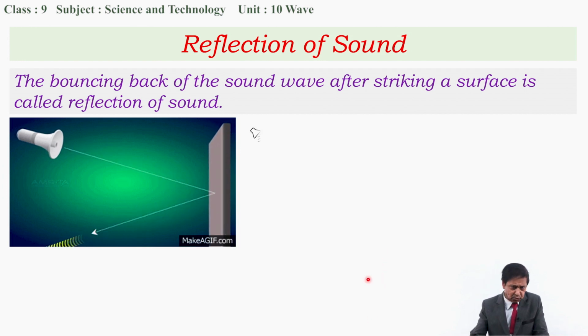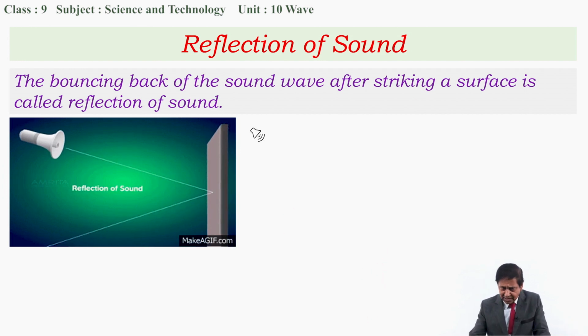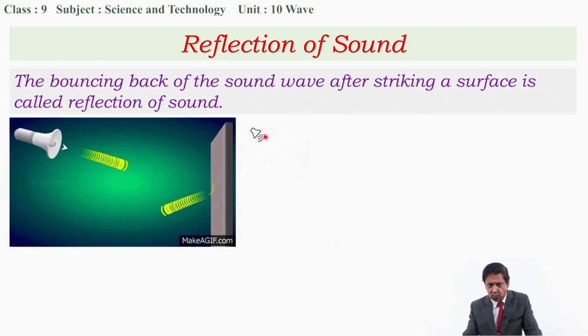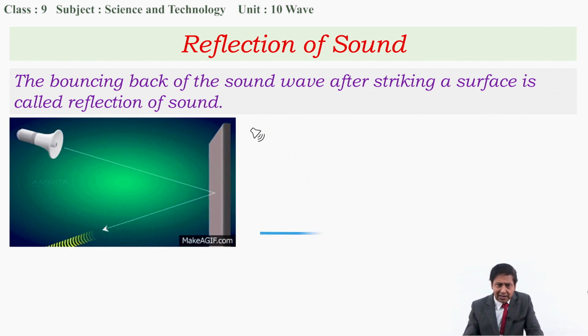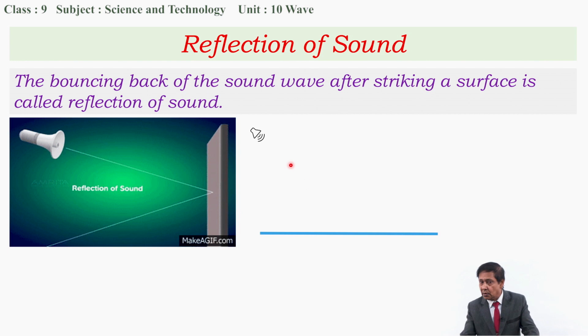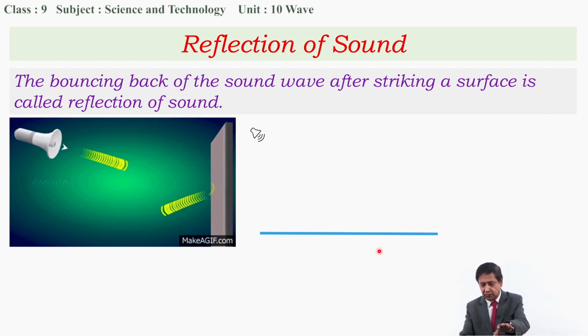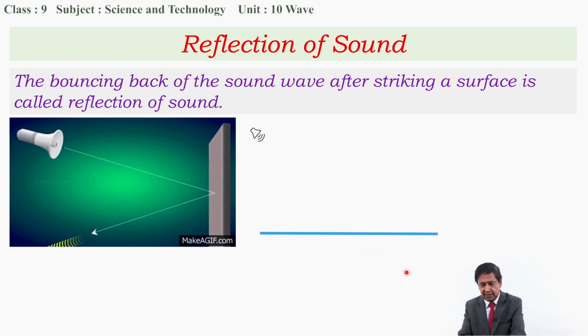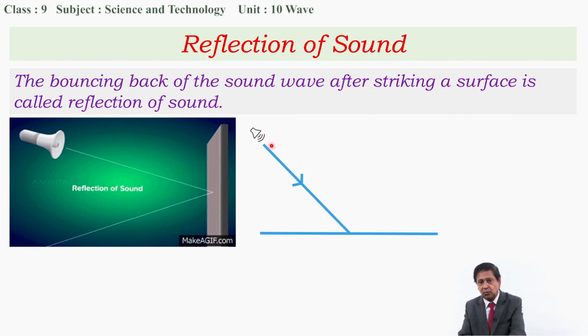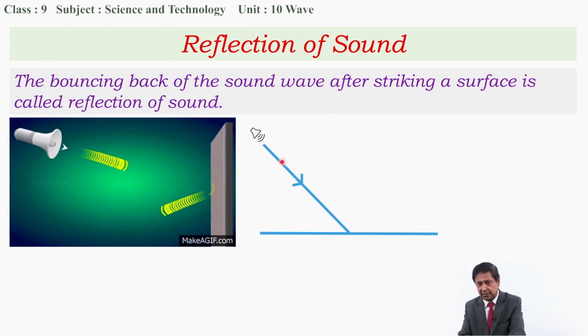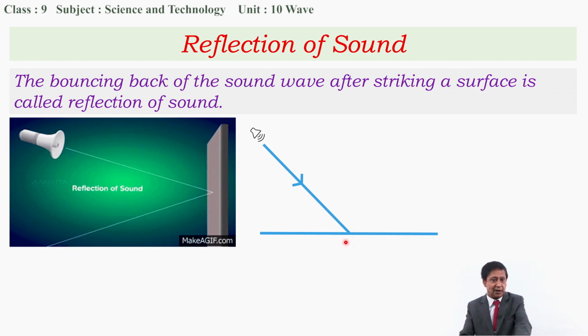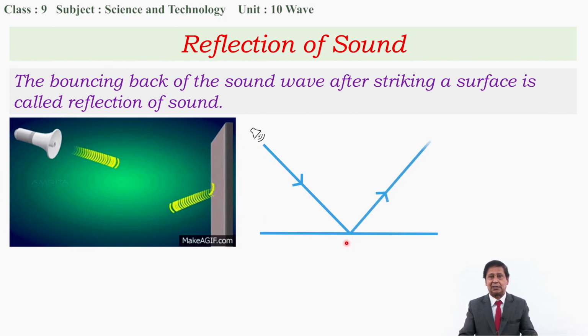We can understand this way also. We can show this diagram also. Look, this is a source of sound. And if sound is being produced towards this object, this plane surface, then what happens? Let's say the sound wave traveled a certain distance up to this object, and when it strikes this surface, it reflects back like this.